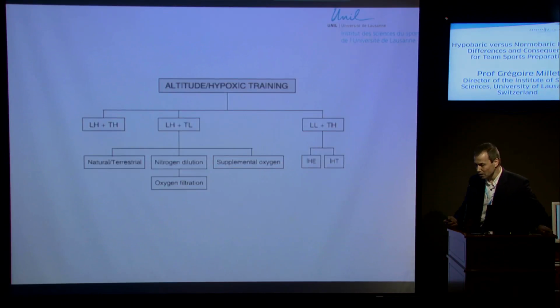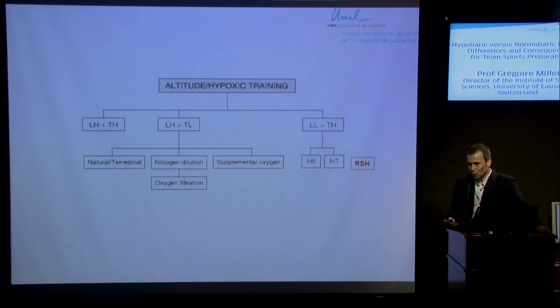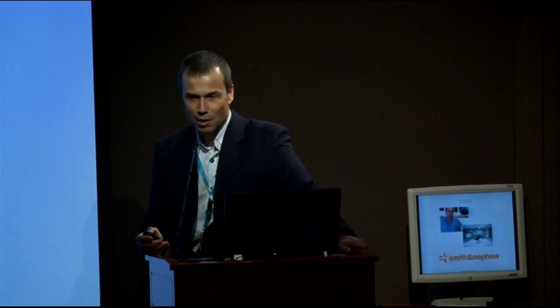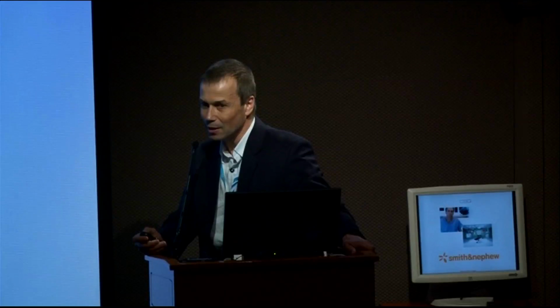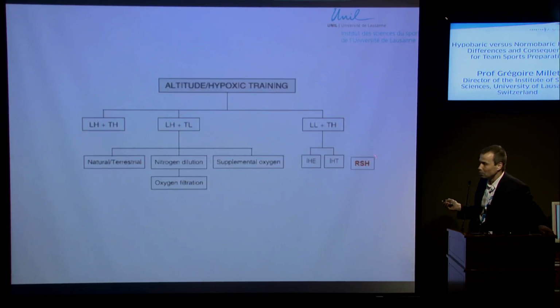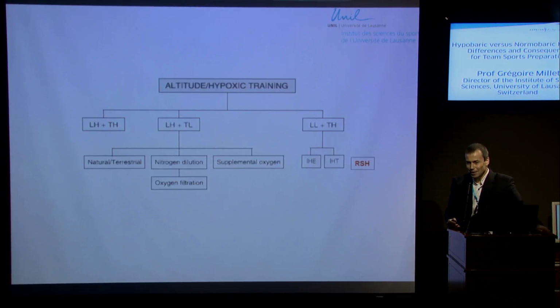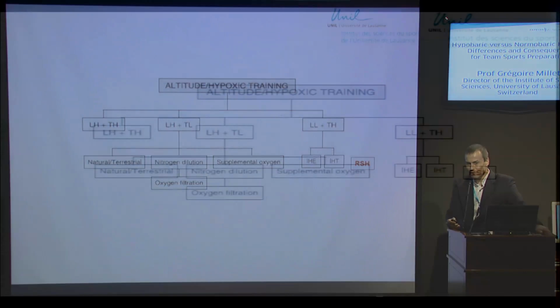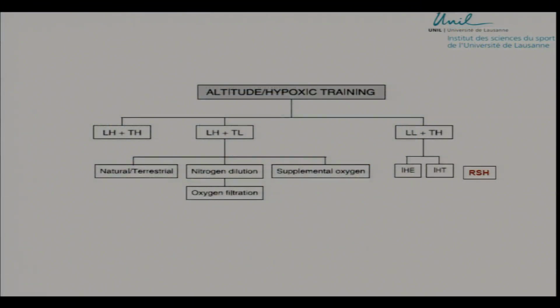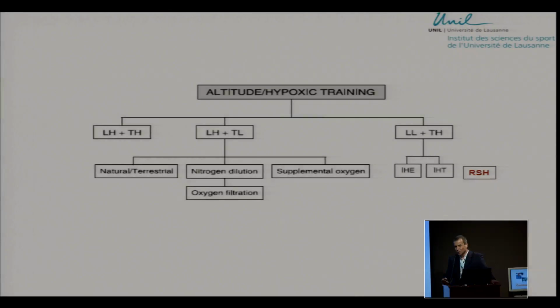The first thing is about RSH, the use of high-intensity exercise in hypoxia, and it was very well presented yesterday by Raphael Face, who is somewhere in the room, and we showed that RSH can improve repeated sprint ability. And we also speculate that it has very little to do with metabolic factors, and a lot to do with the compensatory vasodilation induced by the reduction in the oxygen content.